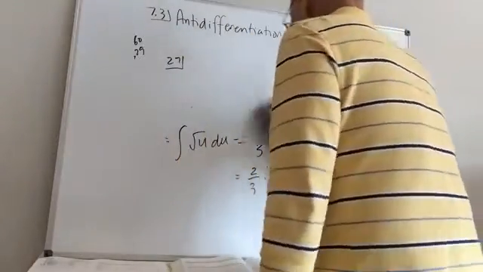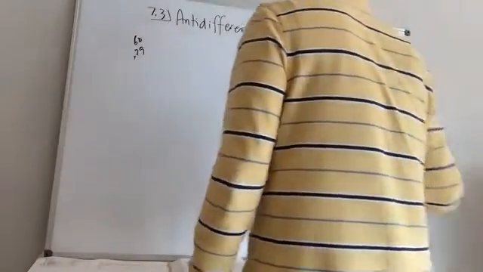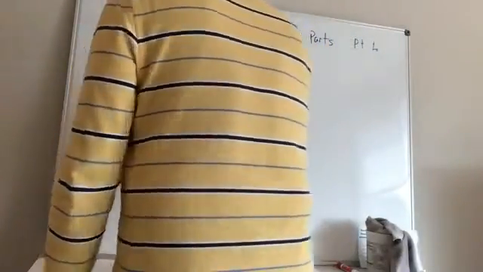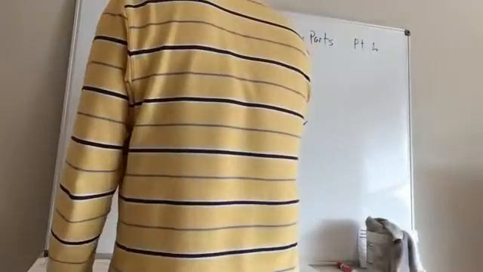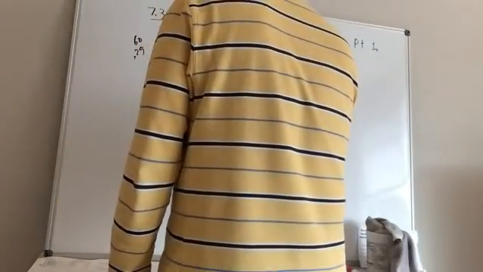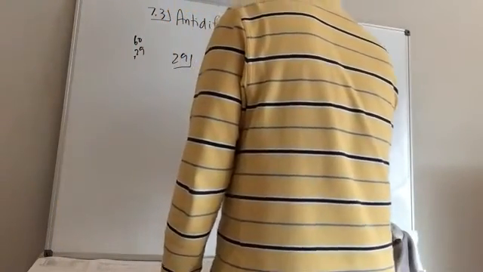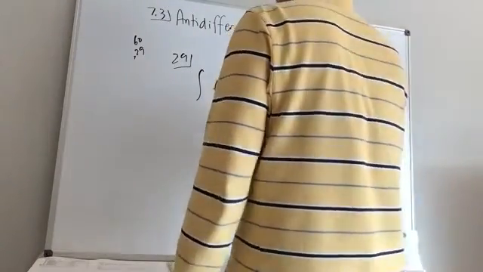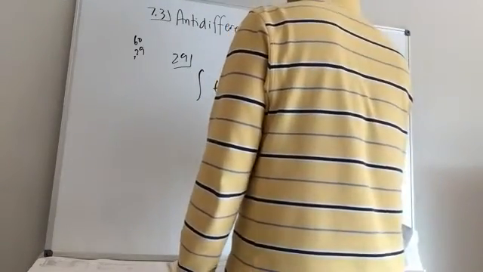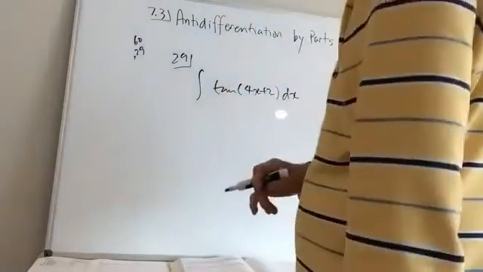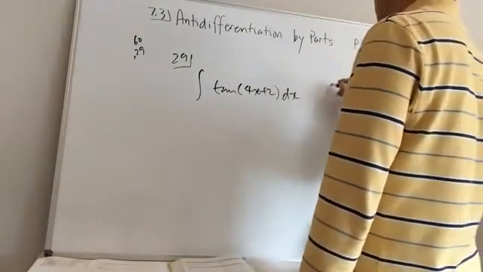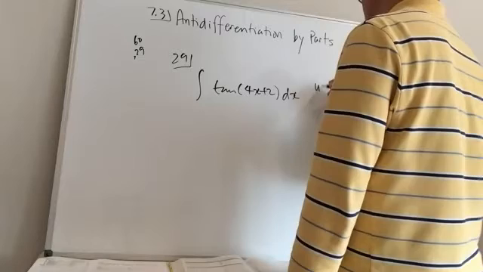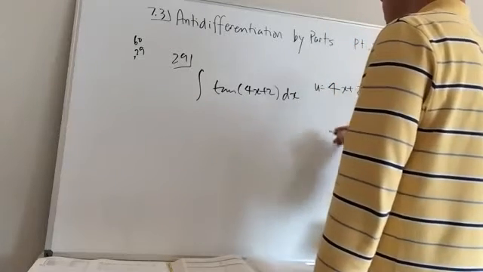29, we have tan of 4x plus 2 dx, right? So you want to say u is equal to 4x plus 2.